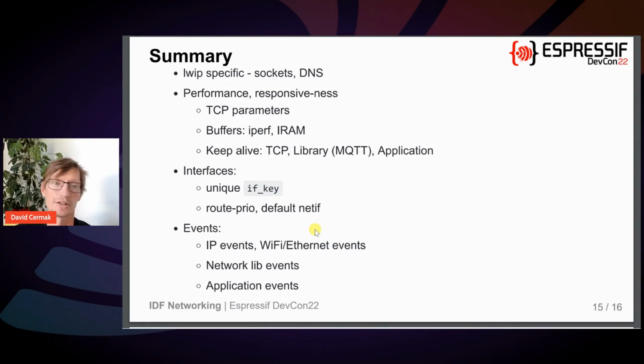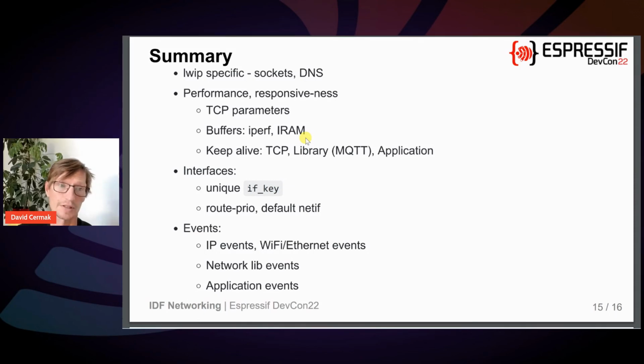I already mentioned something about sockets. There are some other parts like DNS or output buffers and stuff like that. But please check the documentation for that. It is very important. But in general, in common use cases, LWIP sockets behave almost like normal common Linux sockets.